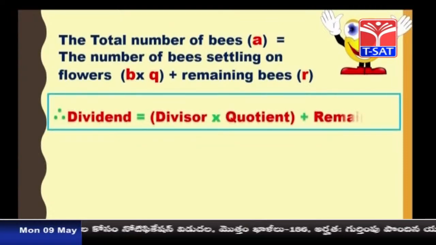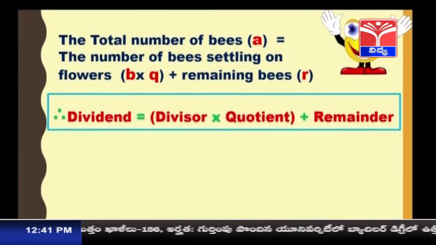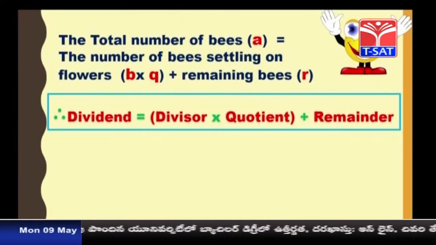That means we can write it as dividend is equal to divisor into quotient plus remainder.